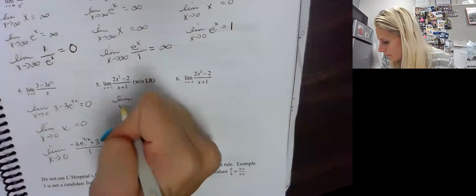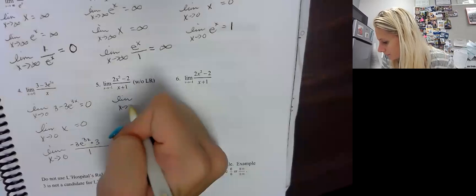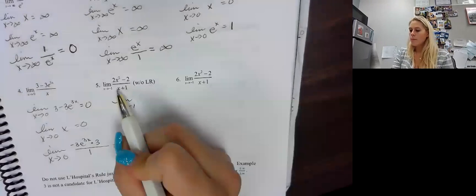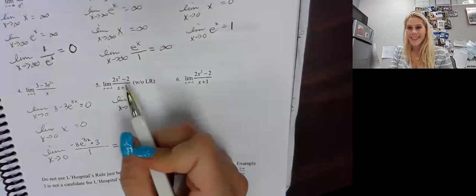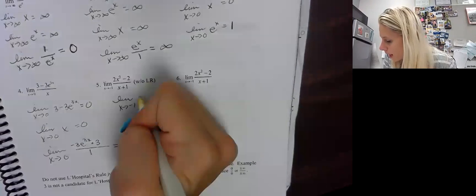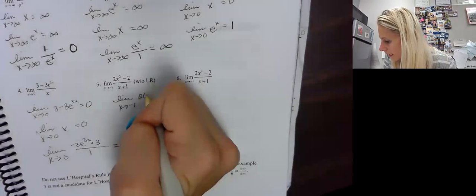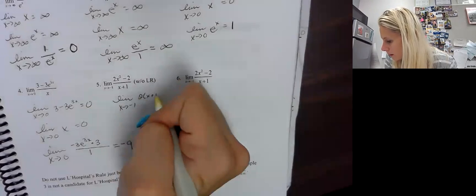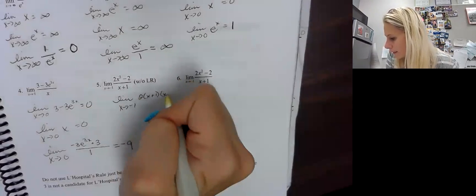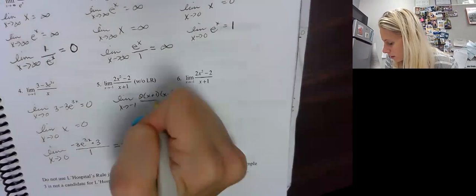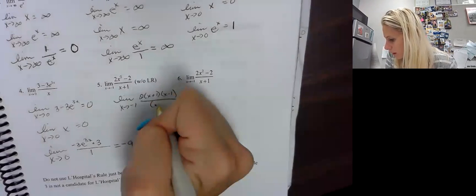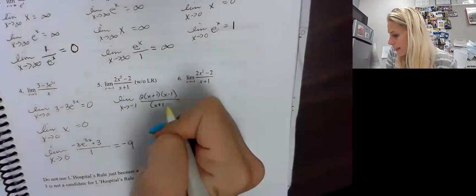The top has a greatest common factor, and then the difference of squares. So the top is 2 times x plus 1 times x minus 1 over x plus 1, sorry. And then these two cancel.